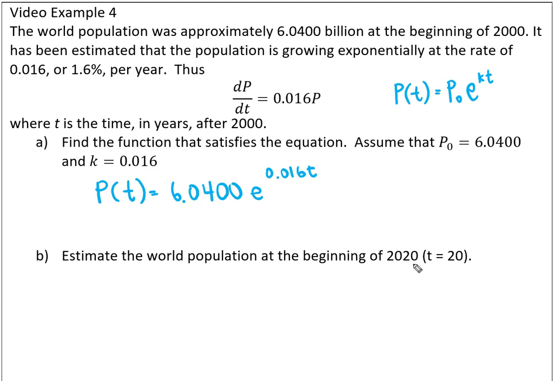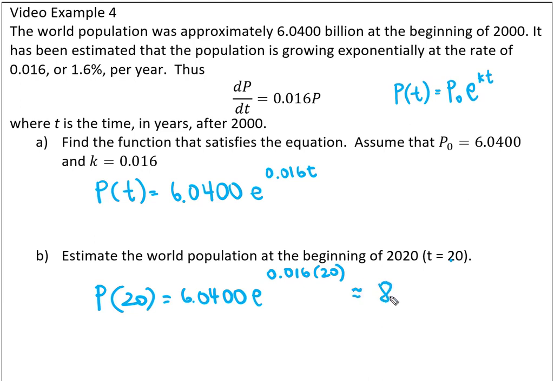Notice that 2020 would be 20 years after 2000, and so my t value will be equal to 20. So P of 20 is 6.0400 e to the 0.016 times 20. And then you can use your calculators to approximate this.